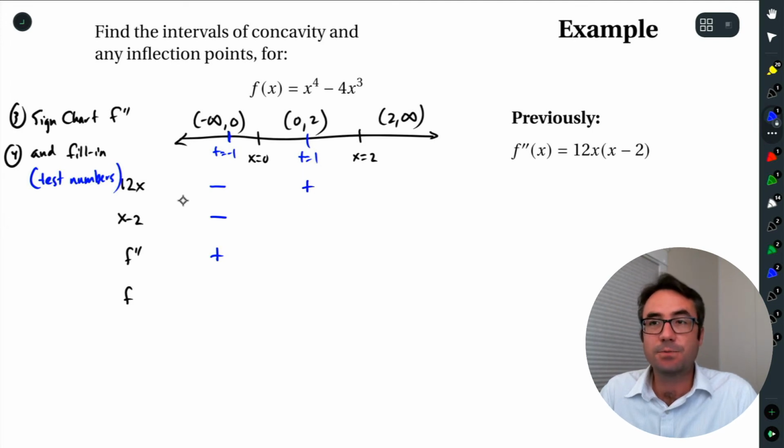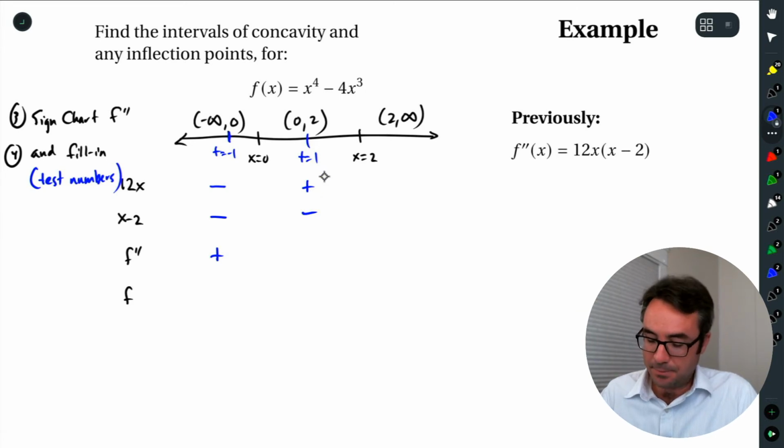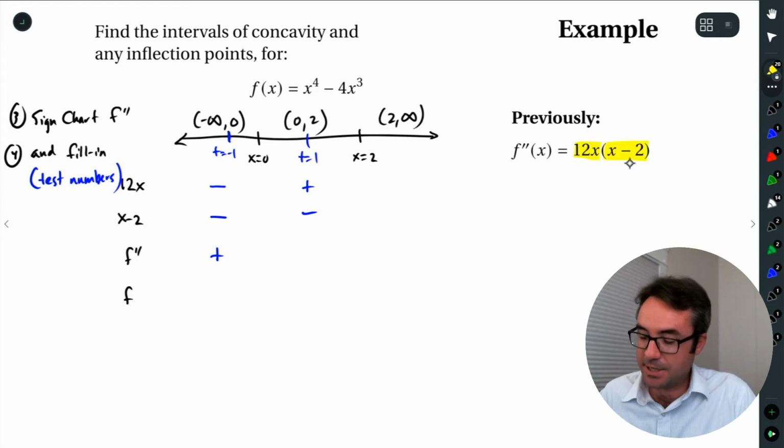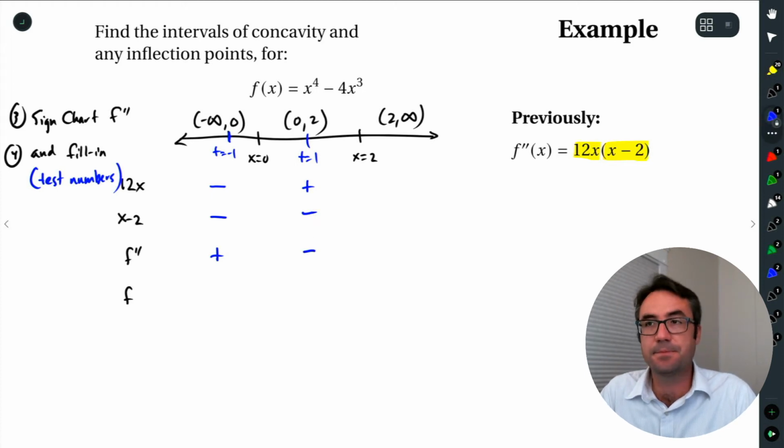If I take x equals 1 and plug it into this factor, I get 1 minus 2, which is -1. And I just care about the sign, so that's just negative. And because my second derivative here is 12x times x minus 2, I have a positive times a negative. So the result for this interval is negative.